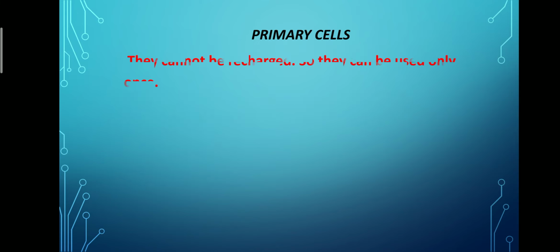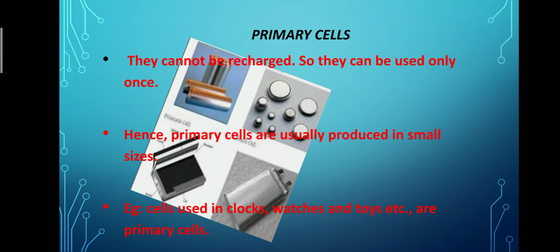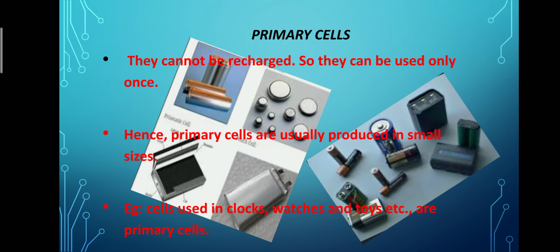Primary cells cannot be recharged, so they can be used only once, and hence primary cells are usually produced in small size. For example, the cells used in clocks, watches, toys, all those are examples of primary cells.